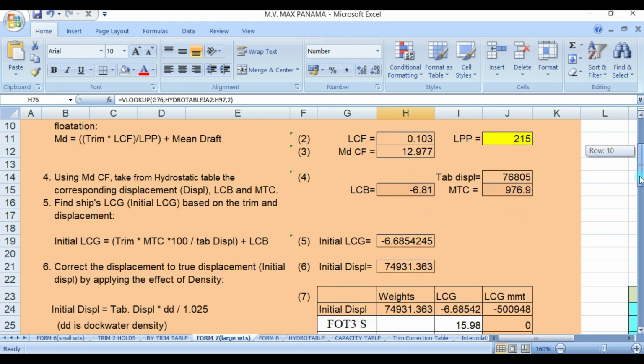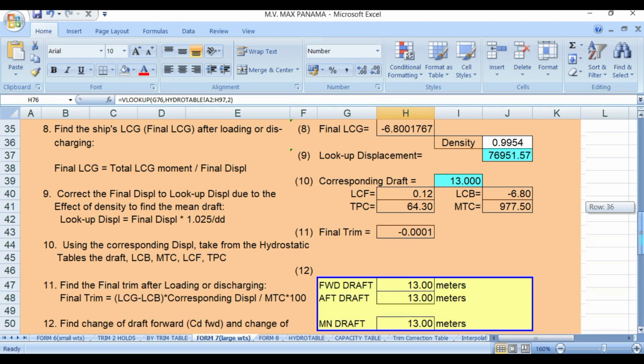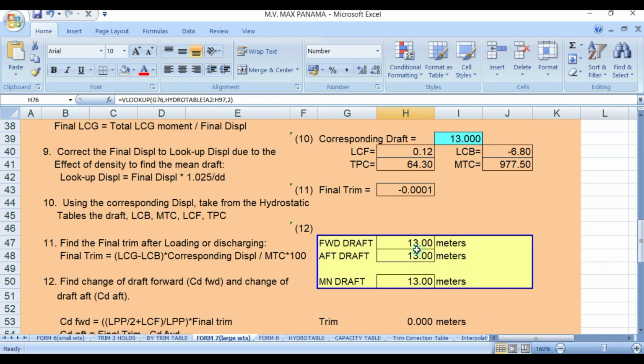So with this draft, you apply your fuel consumption, which is 227, which is negative, and you have a freshwater consumption of 50 tons, and you have production of 75. Until you arrive in Panama, even keel of 13 meters, forward, aft, and midship.